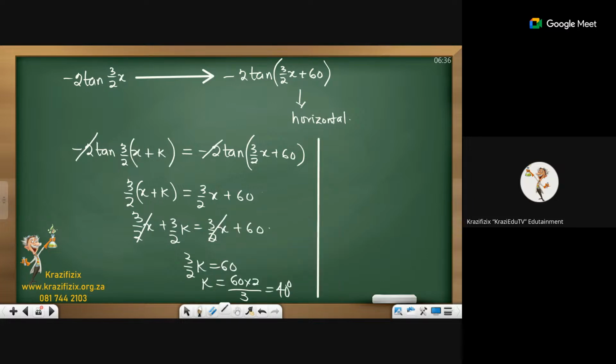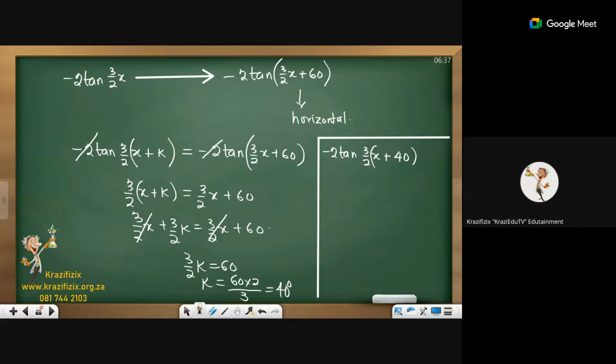This means, check this. If I go back here, this is what the examiner actually did. Remember, if it's a horizontal shift, it must be in bracket.